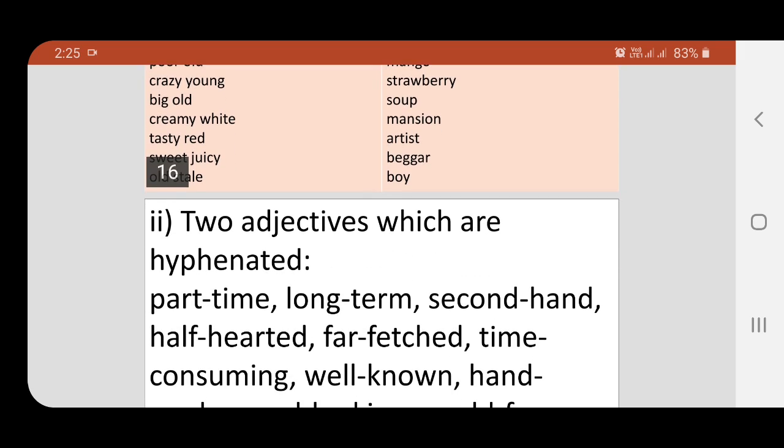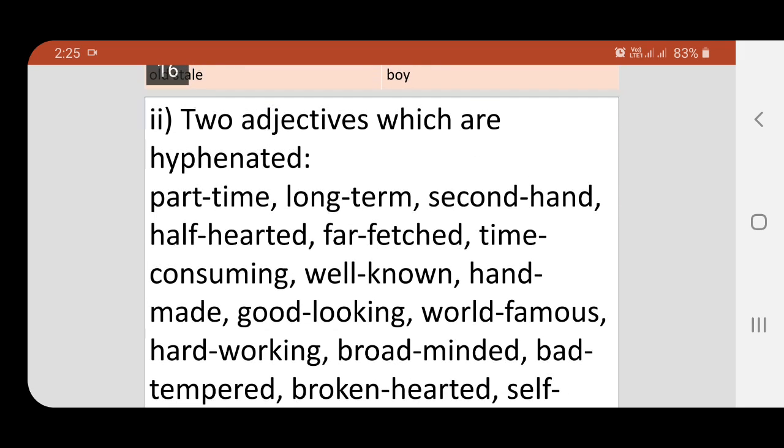So find the adjectives and the nouns. The second category is two adjectives which are hyphenated. You are given a few examples: part-time, long-term, second-hand, half-hearted, far-fetched, time-consuming, well-known, handmade, good-looking, world-famous, hard-working, broad-minded, bad-tempered, broken-hearted, self-confident, low-paid.